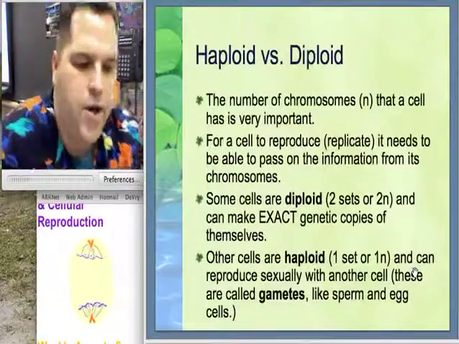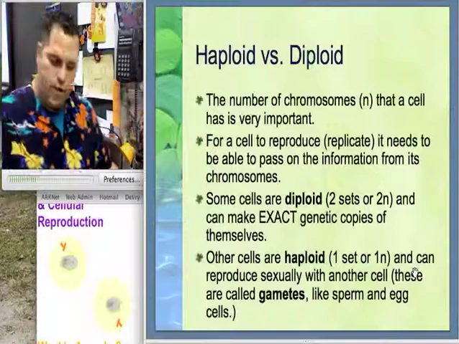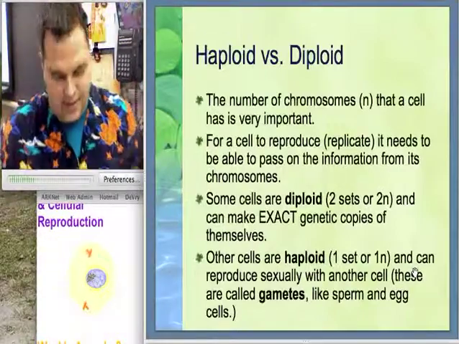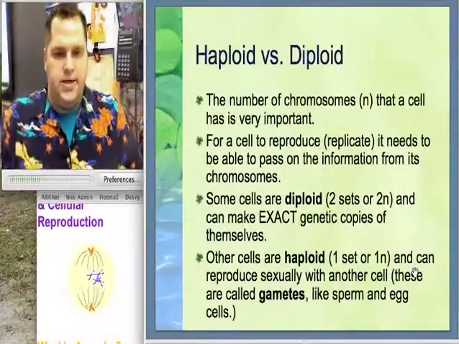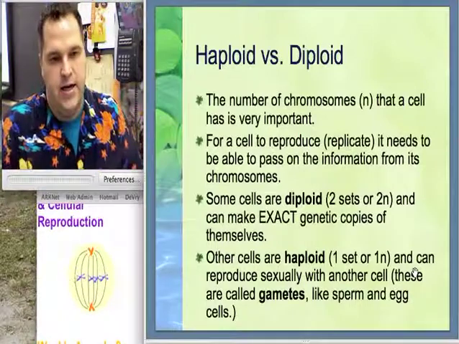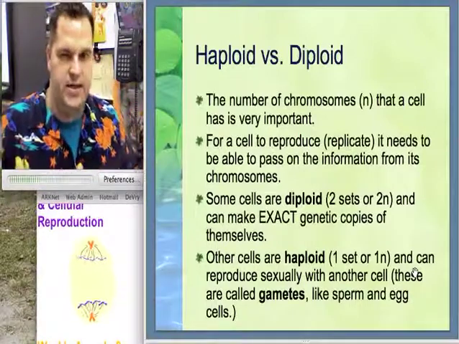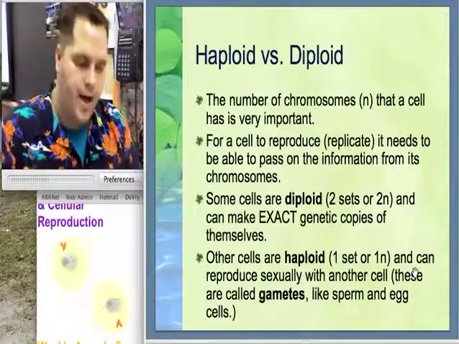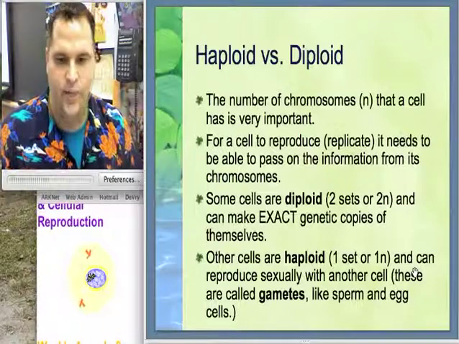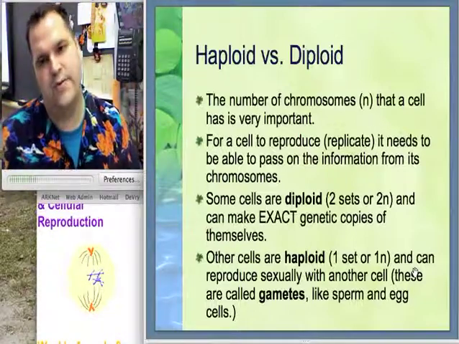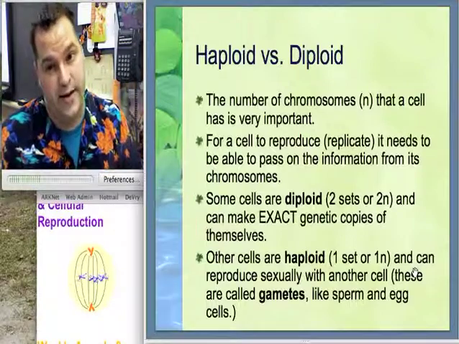Now, when it comes to chromosomes, humans have 23 chromosomes, but here's the thing. Our body cells, or somatic cells, actually have 46 in total. Why? Well, if we're going to reproduce, that means I'm going to have to share my genetic information.